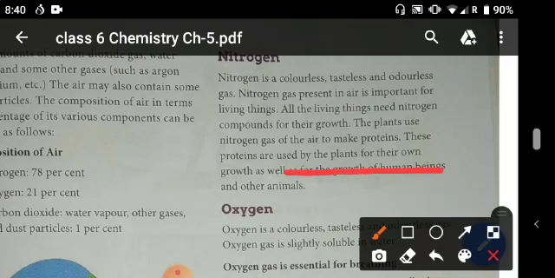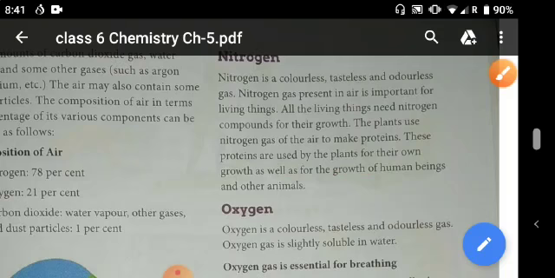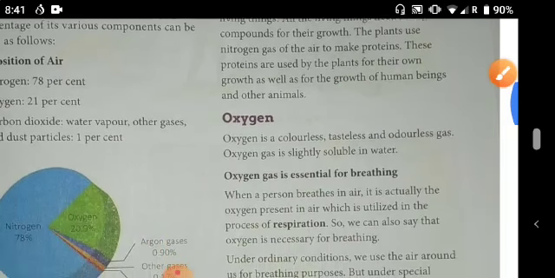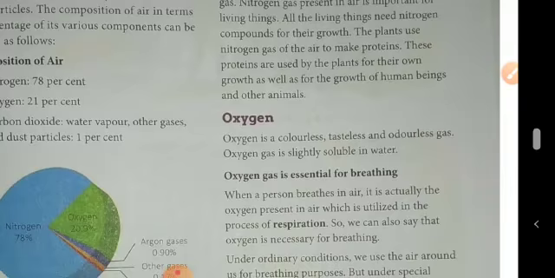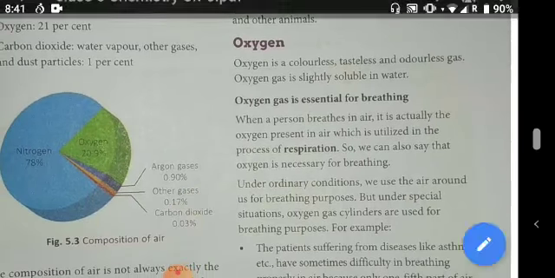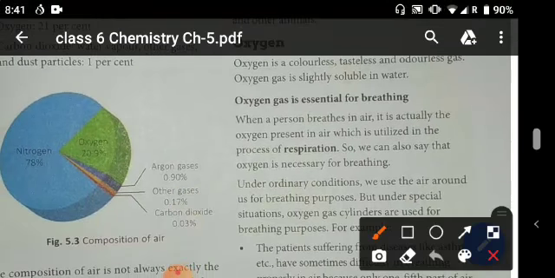That means nitrogen is used for the synthesis of proteins, and it is necessary in human beings, in other animals, and in plants also. Okay, here is the chart. The graph is here. The percentage of nitrogen, oxygen and other gases is shown here.